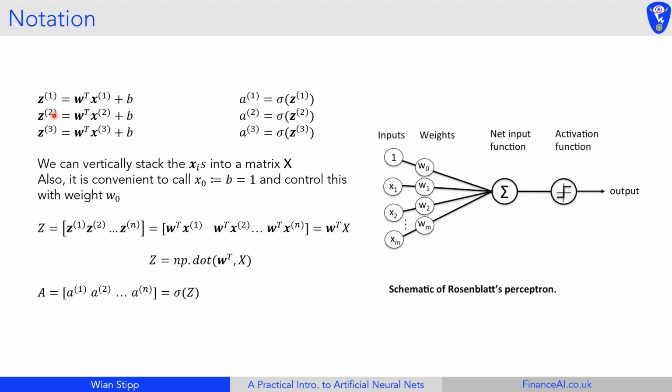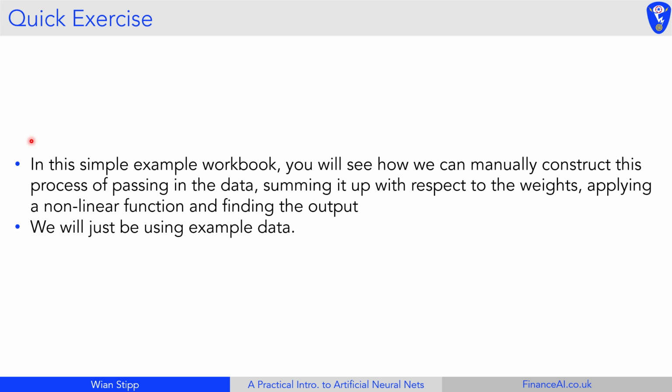If you had 3 neurons like this, then you would have 3 of these here, and then all these weights will be associated with this neuron, and then you'd have some more weights for the second neuron, and so on. But what happens is here's the weighted sum, and then here's the activation function applied to the weighted sum. But don't worry too much about this. This is just the mathematical notation.